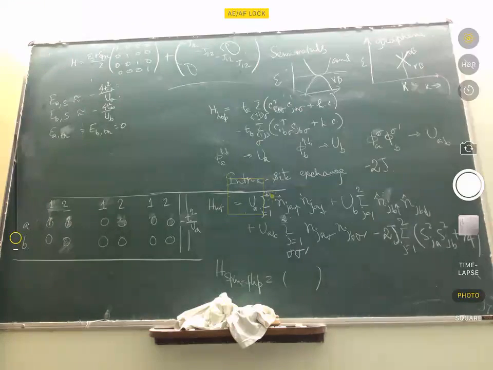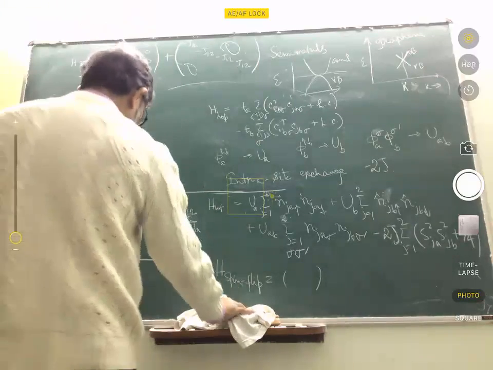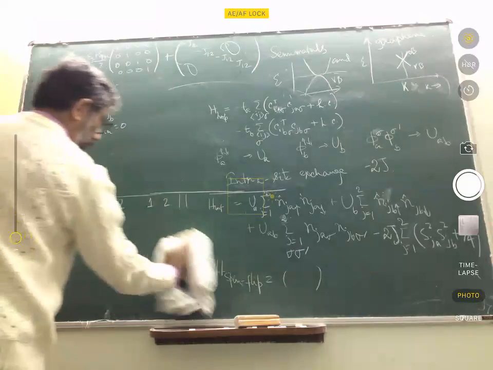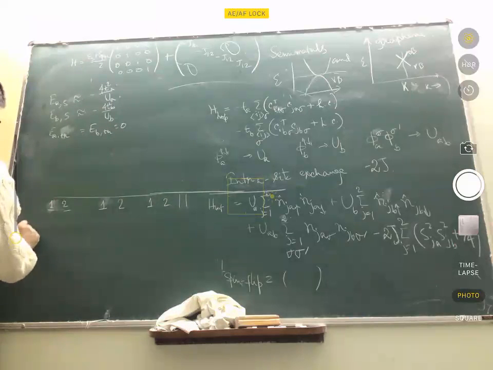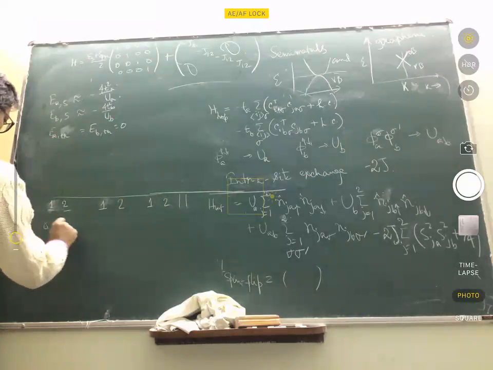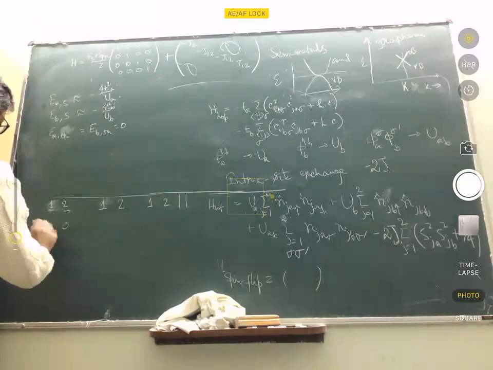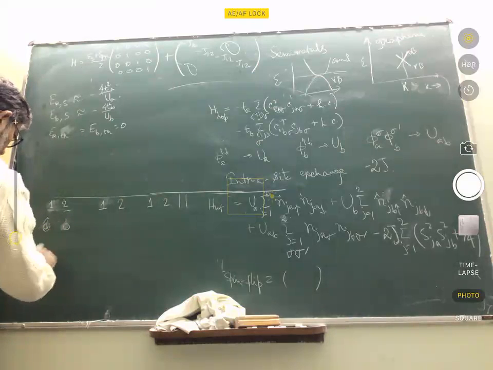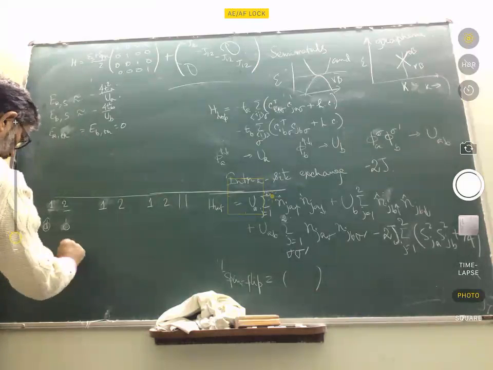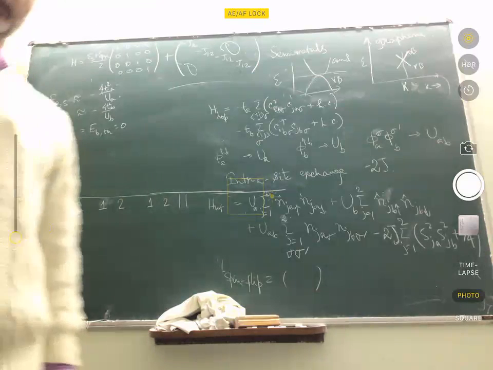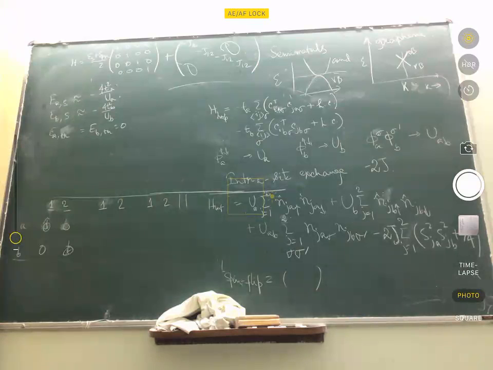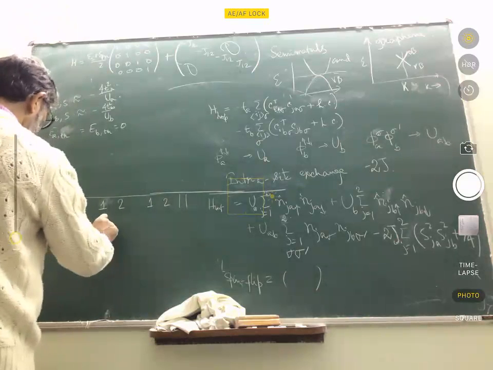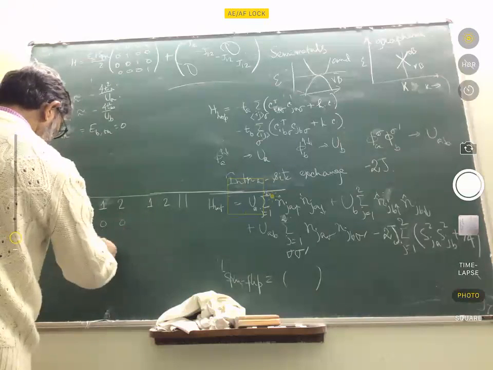But then I can have an AB triplet. I can have this situation. I can have a triplet, but an AB triplet. From there, what can I have as intermediate state?